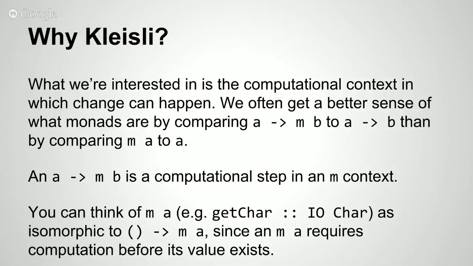So you can think of A arrow M B, that's the Kleisli arrow on M, as a computational step in an M context.